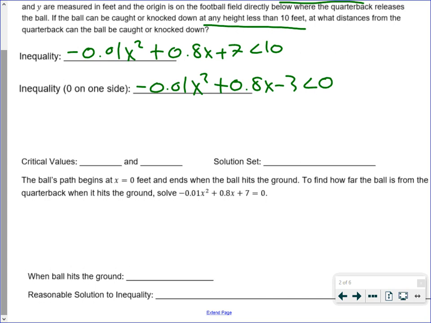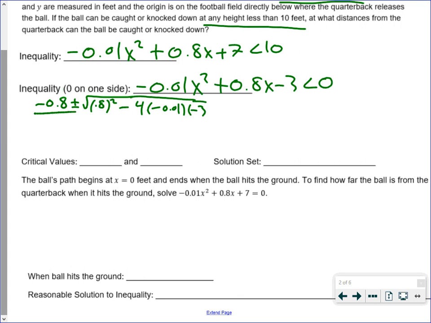All right, so it's negative b, so we have negative 0.8 plus or minus the square root of b squared, which is going to be 0.8 squared. The negative is kind of redundant. It goes away regardless. Minus 4 times our a of negative 0.01 and our c of negative 3.